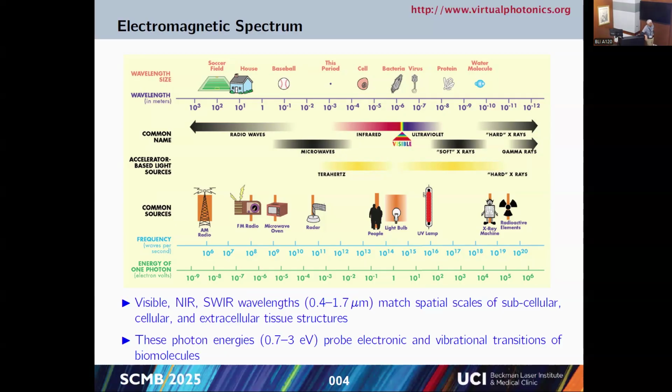And what's really, in some sense, unique or special about visible near-infrared light is that the spatial scale of the wavelength really matches a lot of objects of biological interest in terms of spatial scale, right? So we're right around the size of, from several hundred nanometers to a few microns.